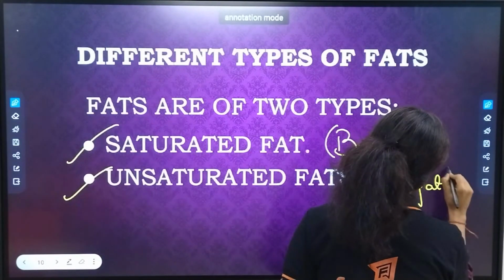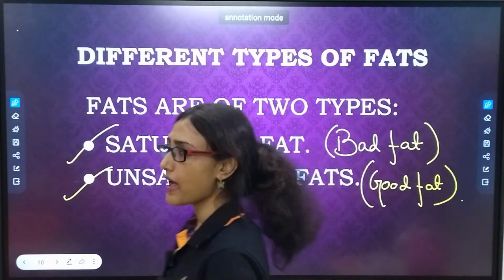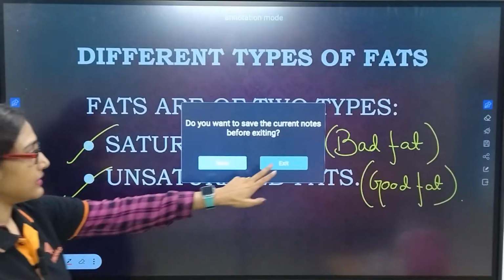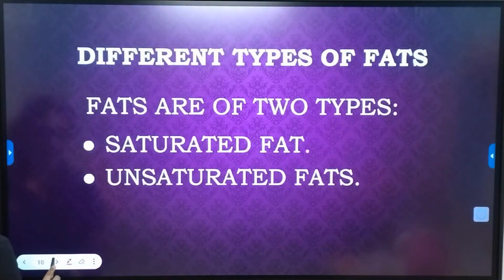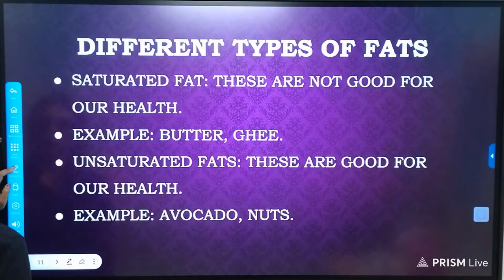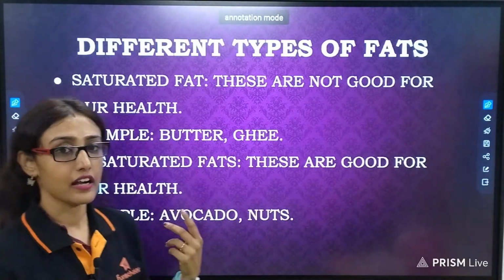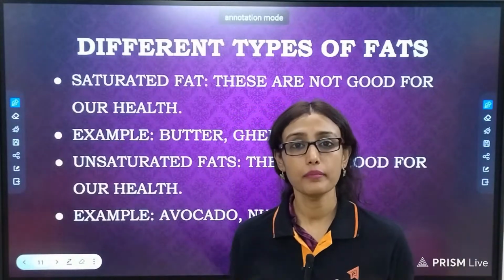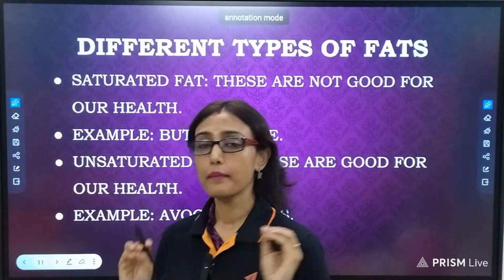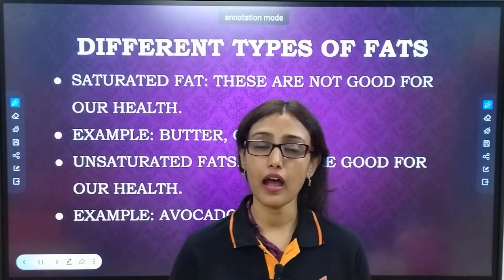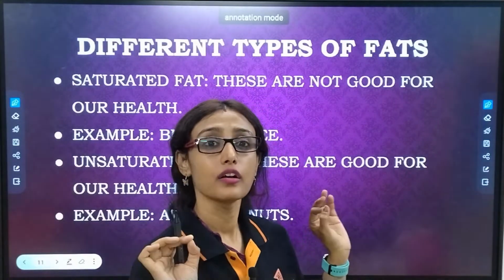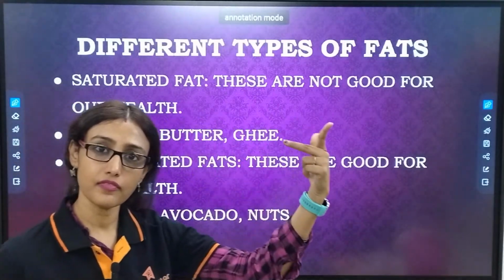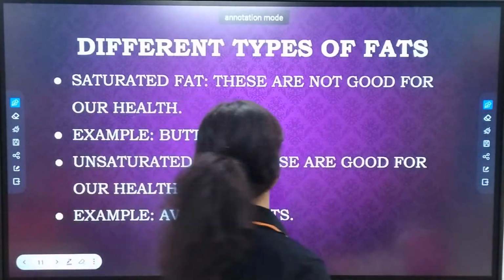Now, what is this good fat and bad fat, ma'am? Okay, I am coming to that point in the next slide. Good fats are those fat which does not cause much harm to our body. Okay, but it is necessary for our body in a good way. So first let us know what are the benefits of fat in our body. Okay.